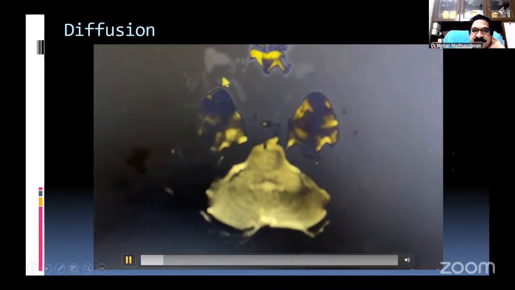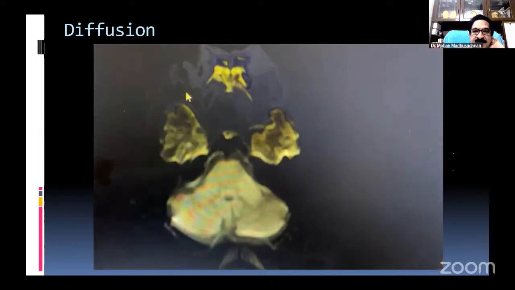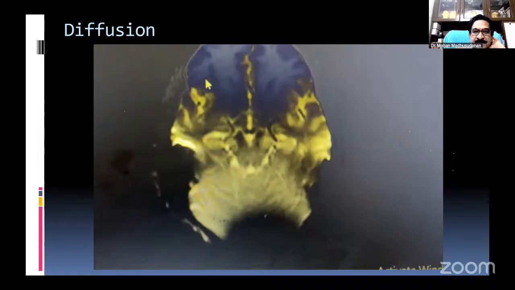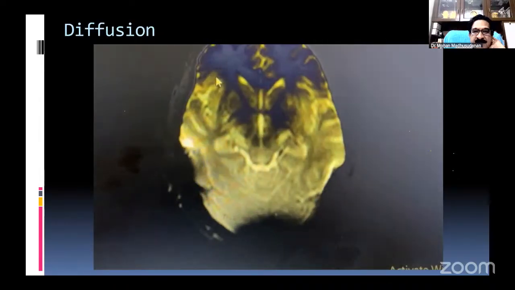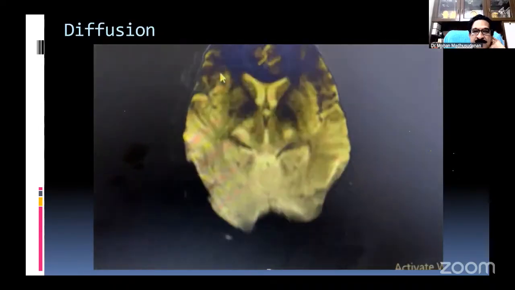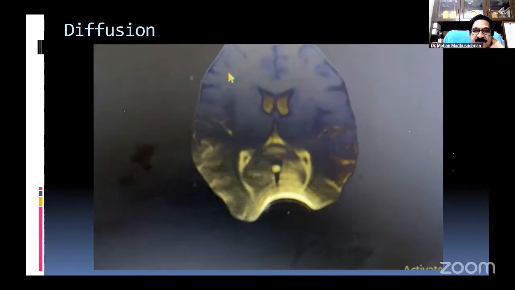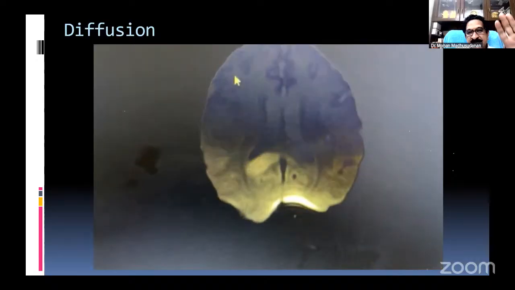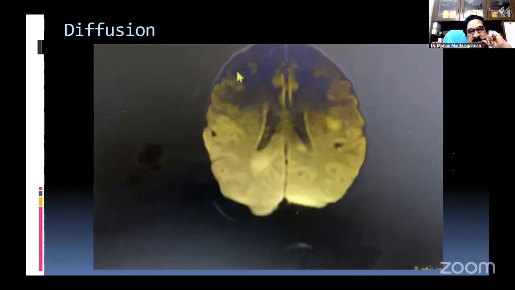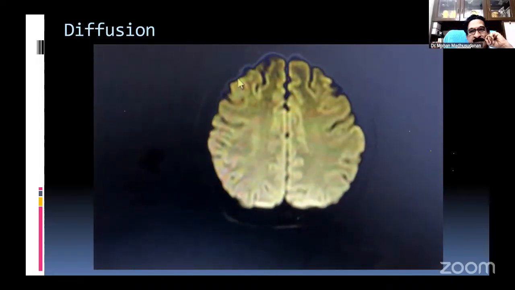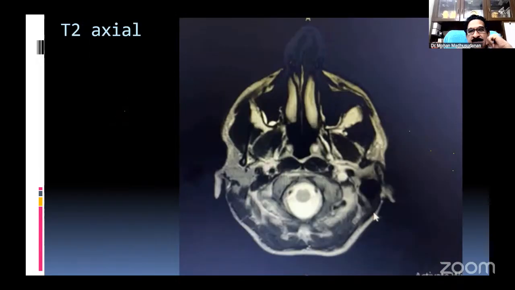See the hyperintensity can be seen in the MCP, midbrain, lateral column, cerebral peduncle, internal capsule. I'll show a much better picture later on in the splenium of the corpus callosum. Now this picture is a little better than the T2 axial.